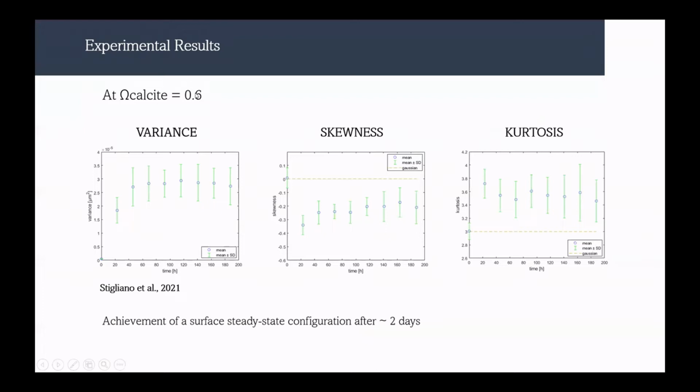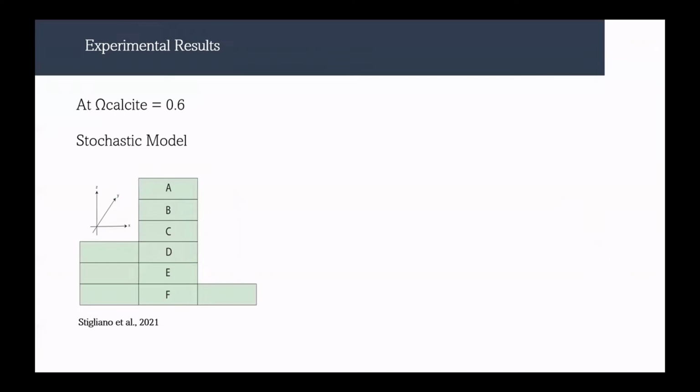So based on the experimental data that we acquired, we developed a numerical model, which I will not explain in detail, but basically this model was able to describe the statistical behavior that we noticed experimentally.